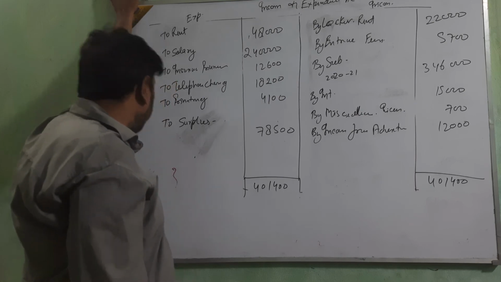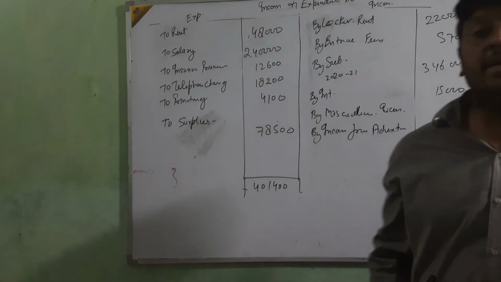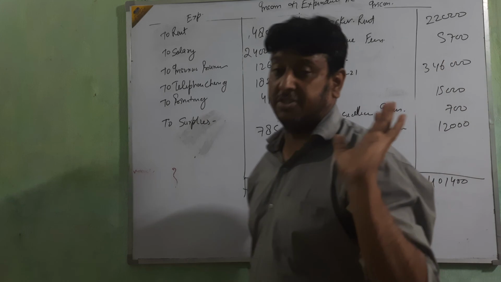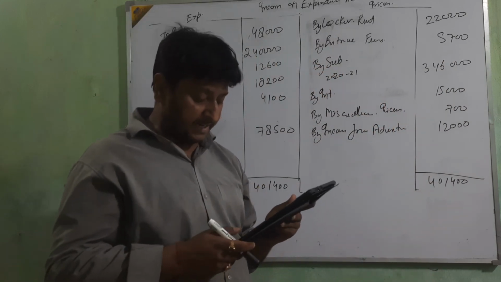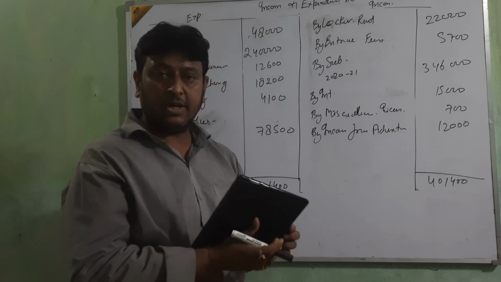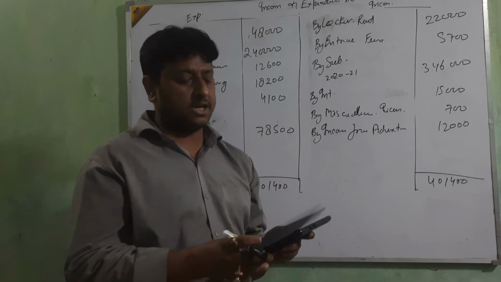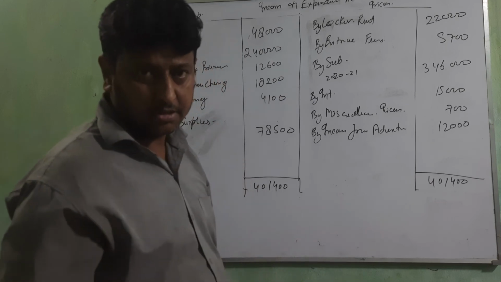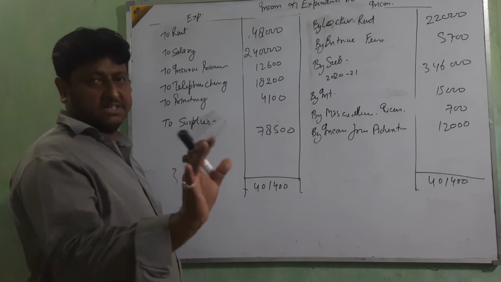And in place of surplus, we can say income over expenditure. One more name is there. In place of surplus, we can write income over expenditure.